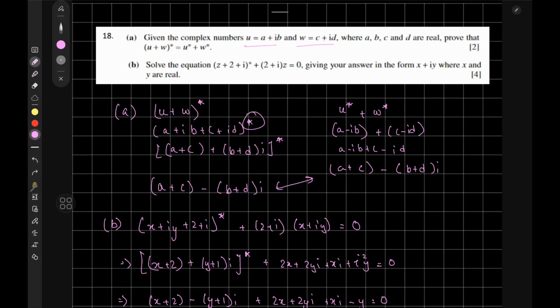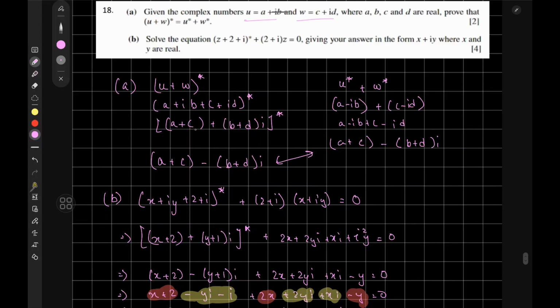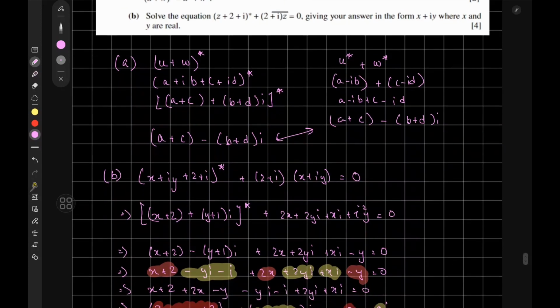Now keep the conjugate as it is. You're going to change it into the conjugate later on. So now you take the real parts on one side, the imaginary parts on the other side, and take i common, right? So now you have a plus c plus b plus d i. So after you change it into the conjugate pair, you add a negative sign.